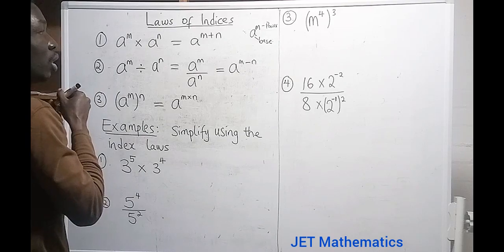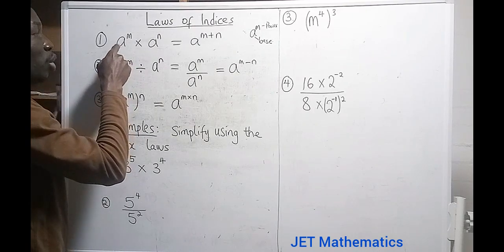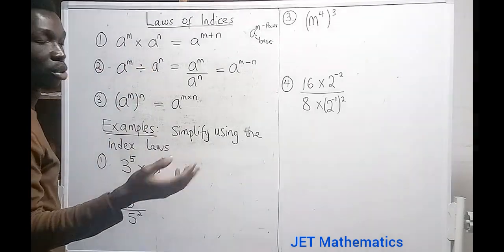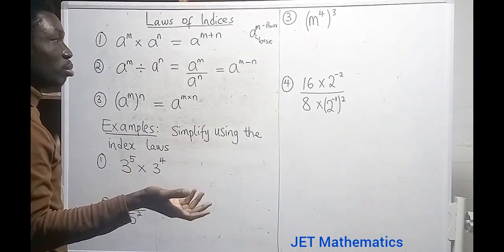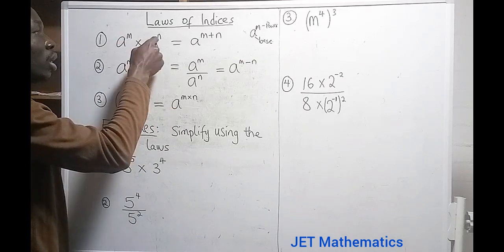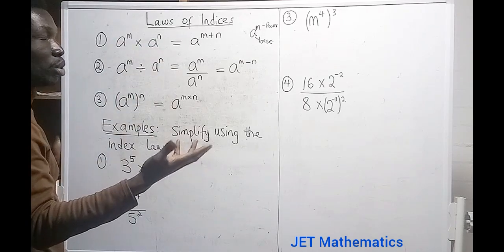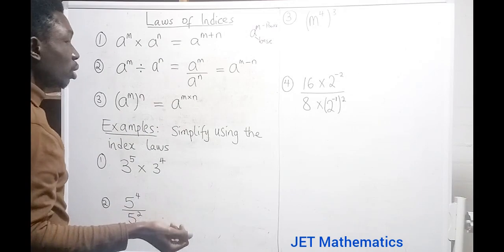So this base could be numbers, could be alphabet, as the case may be. Okay, m and n could be numbers as well. Okay, good.